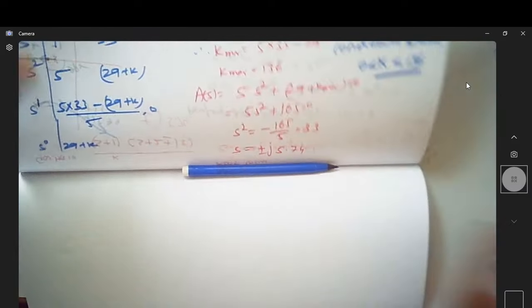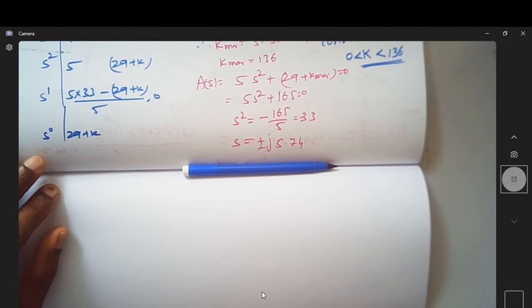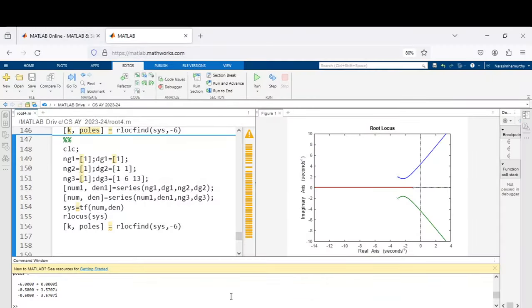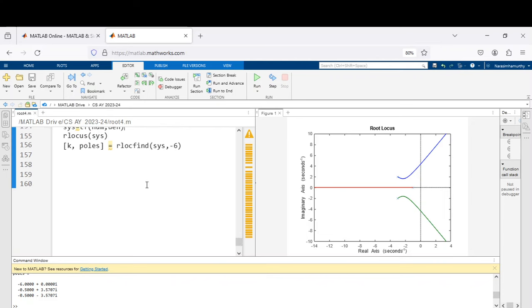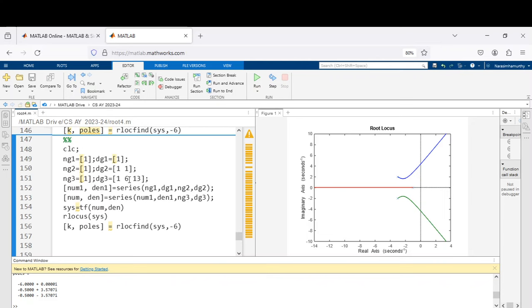So let us see the MATLAB implementation of the same. I think it is the same. Do we have that? This should be changed to 4 and 29.